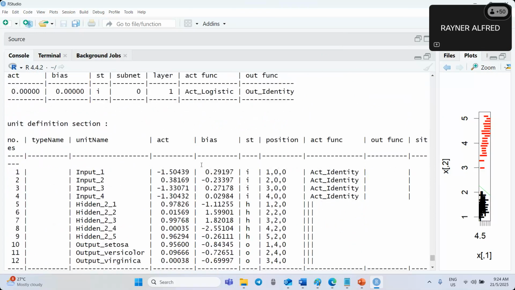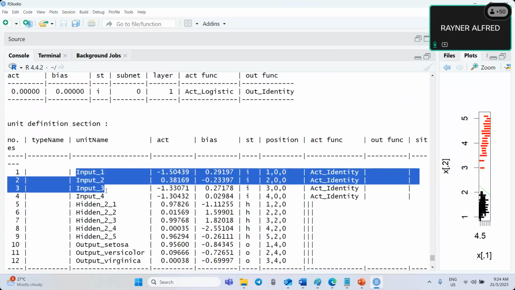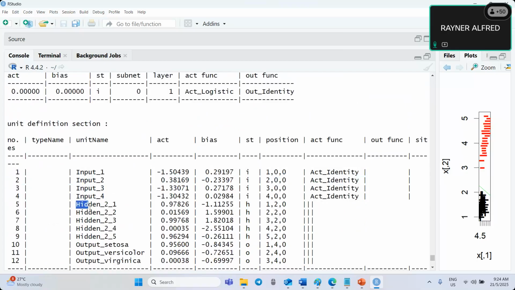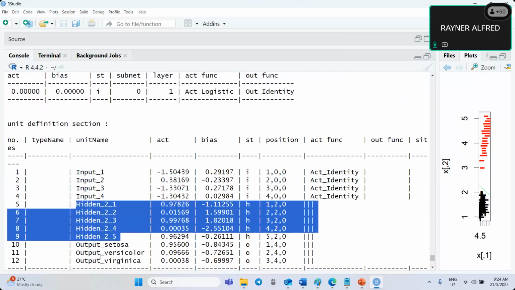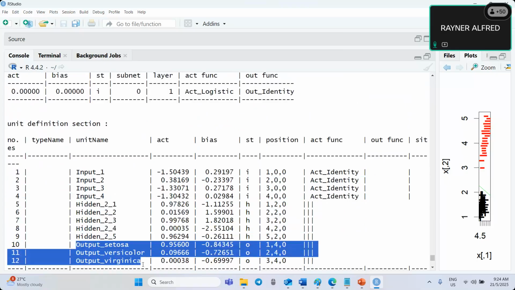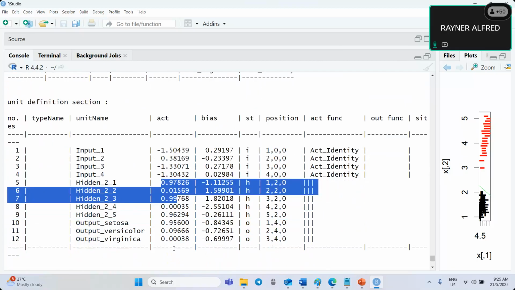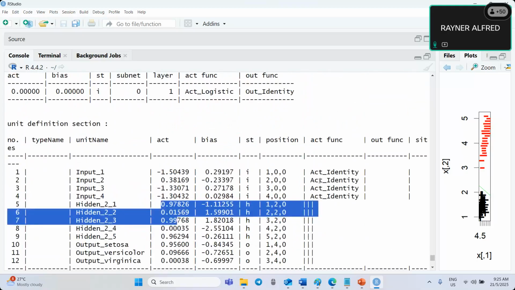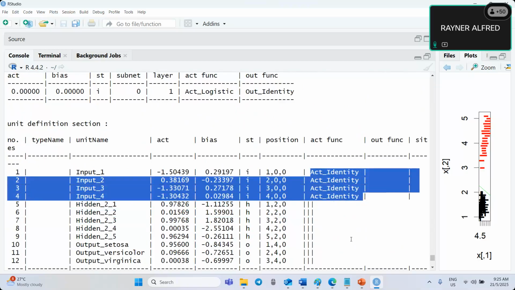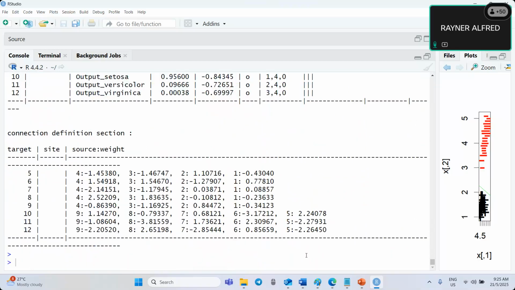So we have all the weights. We have input, hidden layer, and also the output here. So these are the bias for each of the nodes that we have, and also the weights. So this is the activation function for your input. But it is very hard to visualize here.